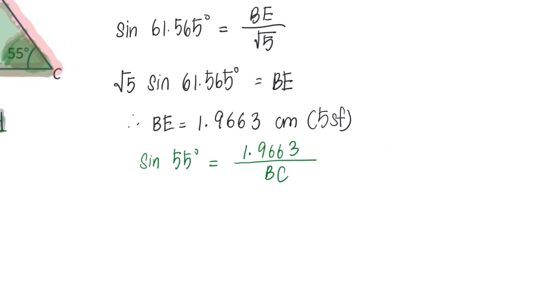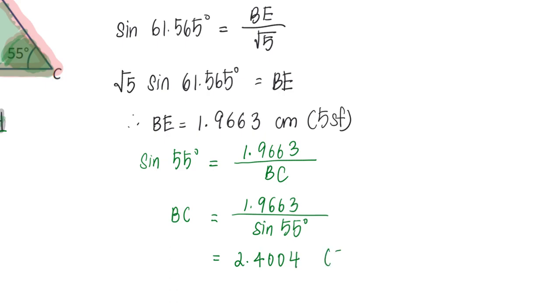From here I multiply BC on both sides and divide by sine 55 degrees on both sides. Finally, I get 2.40025. Final answer in 3 significant figures.